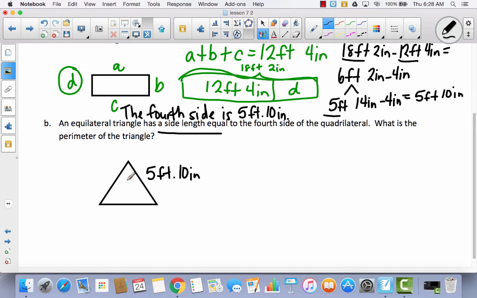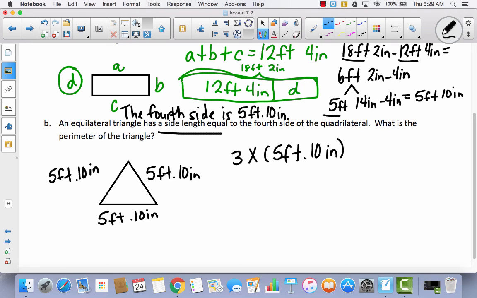So if this is 5 feet, 10 inches, then this is going to be 5 feet, 10 inches, and this is going to be 5 feet, 10 inches. So if I want to find the perimeter, I'm going to have to add all of these together. So I can either say 5 feet, 10 inches plus 5 feet, 10 inches plus 5 feet, 10 inches, or I could do this, 3 times 5 feet, 10 inches.